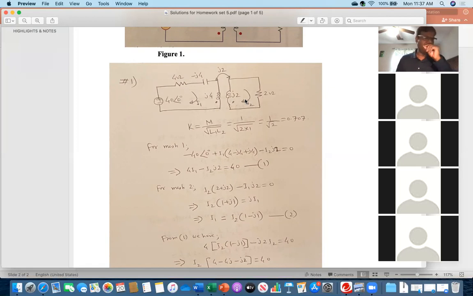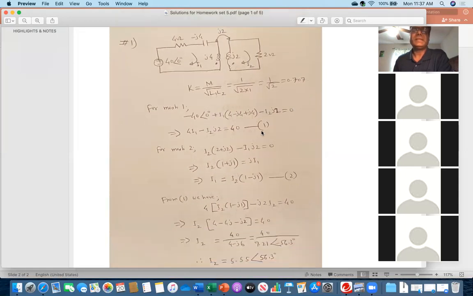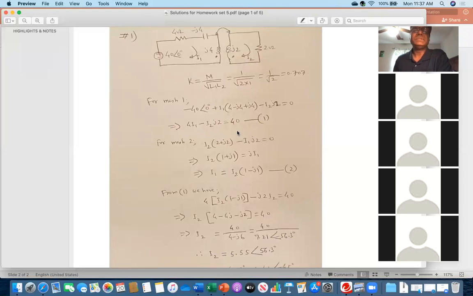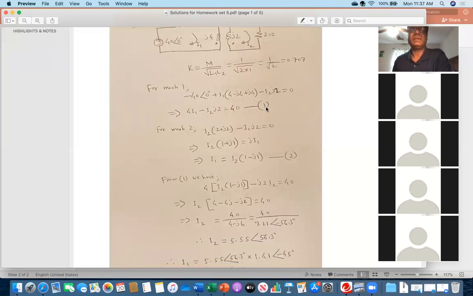So it is the opposite situation, that's why you have to give a minus sign: minus I2 times j2, that mutual inductance, equal to 0. Then I simplified a little bit. Plus j4 and minus j4 cancel, so 4 I1 minus j2 I2, and moving the minus 40 to the right side becomes 40. I just gave this equation number 1.